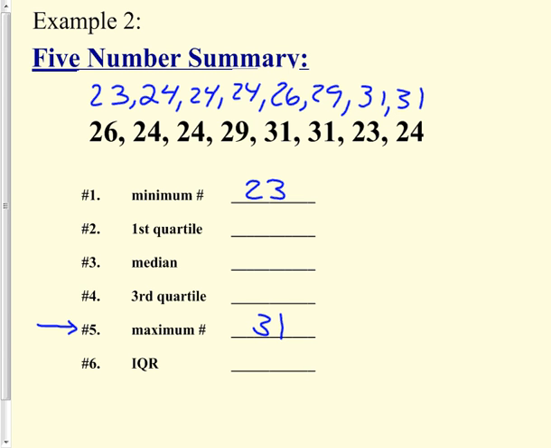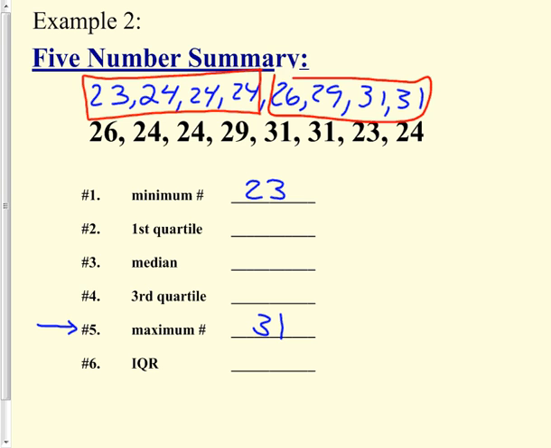Quartile means if you were going to divide up your data into quarters, this half of the data is your lower half, and that's your upper half. What's exactly between those two is the median. The median here is right between 24 and 26, which is 25.